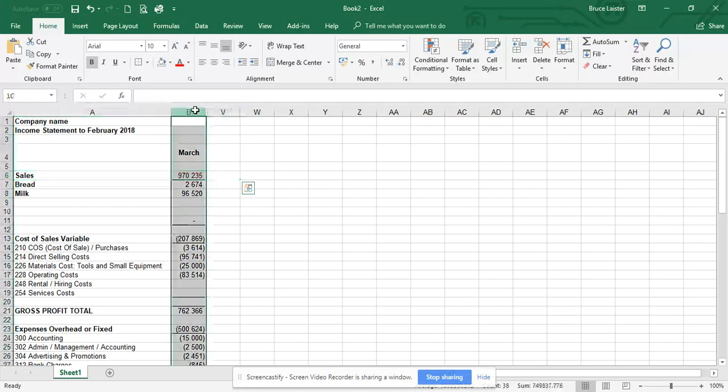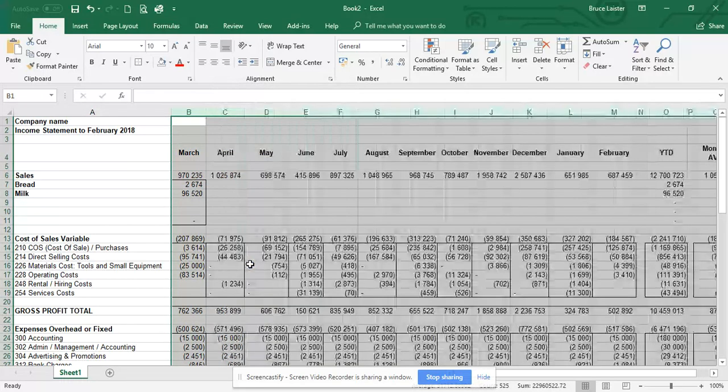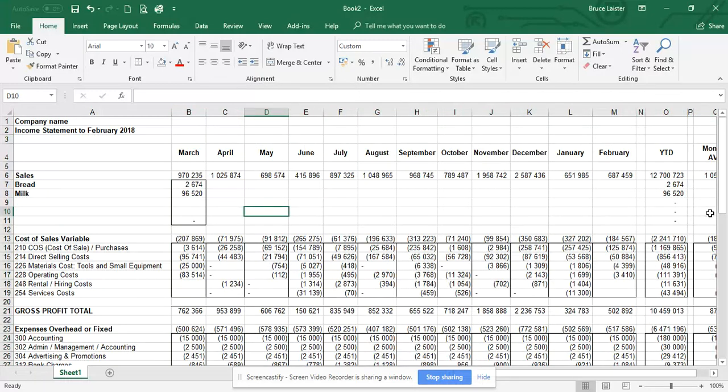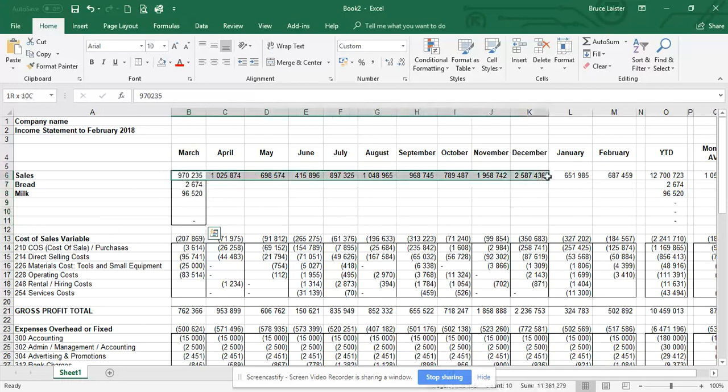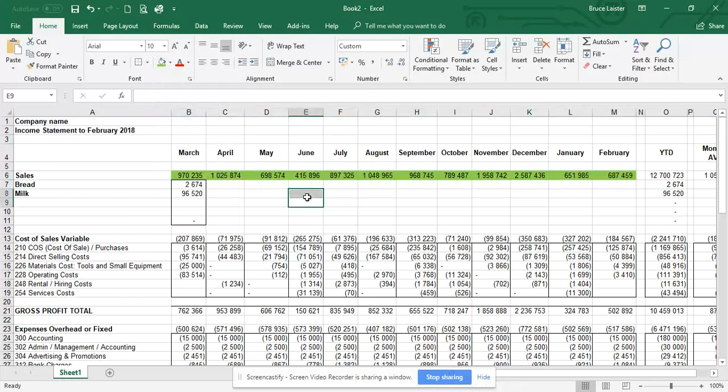This, let me just unhide this because it's relevant. This is a made-up company, and the sales, as you can see, it doesn't all add up, but this is just for illustration purposes. Sales are across the top here, 12 months in this case, and this can be broken down into various subsections.